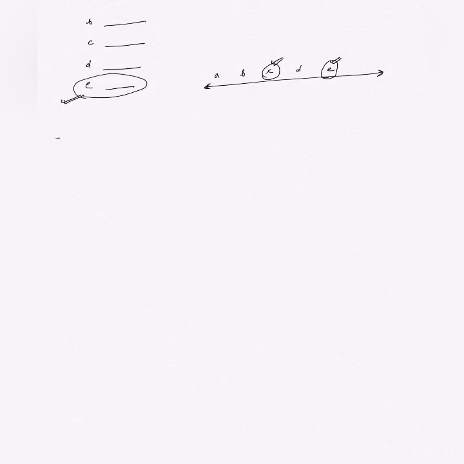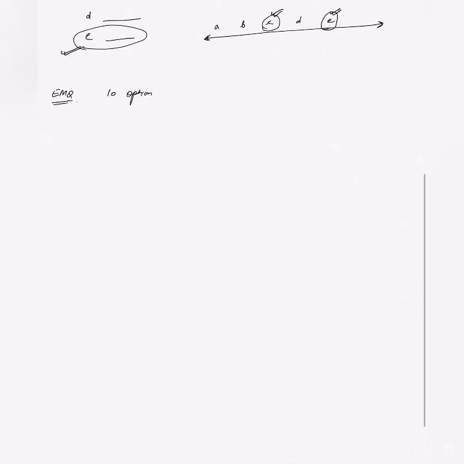Second is EMQs. So EMQs, they will give you 10 options like A, B, C, D, E, F, G, H, I and J. So these are 10 options.